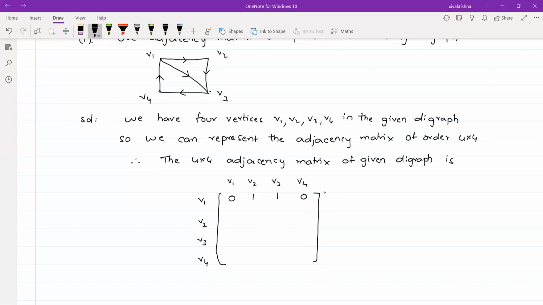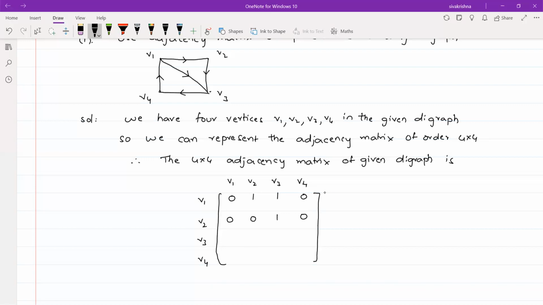Coming to the second row. From V2 to V1 we are not having an edge. From V1 to V2 we are having an edge, so we have to write 0. Coming to V2 to V2, we are not having any self loops in the given digraph, so we have to write 0. From V2 to V3, yes, we are having an edge, so we have to write 1. From V2 to V4, we are not having any edge, so we have to write 0.